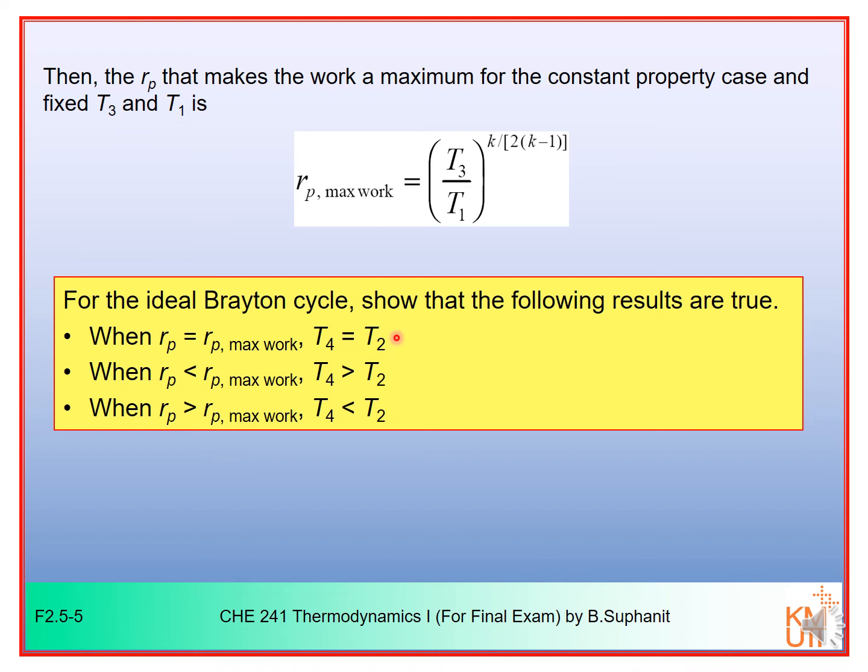If the pressure ratio is less than the Rp max work, the turbine exhaust will be at a higher temperature than that at the compressor exit, or T4 will be greater than T2. On the other hand, the turbine exhaust will be at a lower temperature than that at the compressor exit, or T4 will be less than T2 if the pressure ratio is higher than Rp max work.